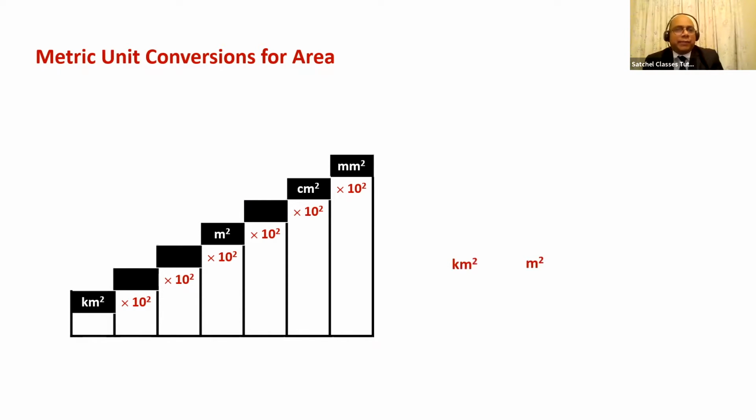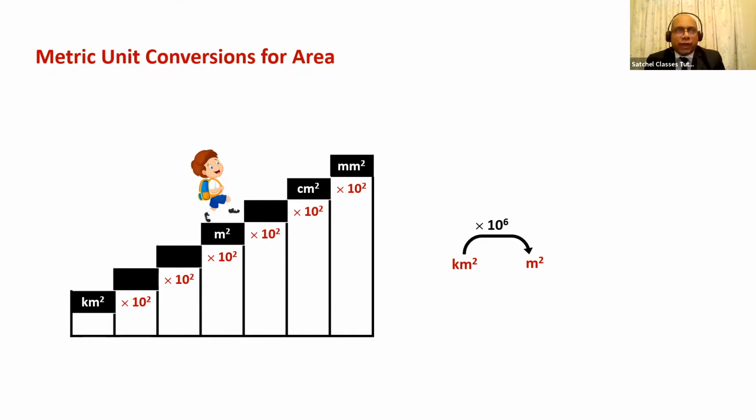For example, if I want to go from kilometer squared to meter squared, as you know, meter squared is your base unit. You need to walk up 3 steps, and for each step, you multiply by 10 squared. So for 3 steps, you multiply by 10 to the power of 6. 10 squared times 10 squared times 10 squared is actually 10 to the power of 6.